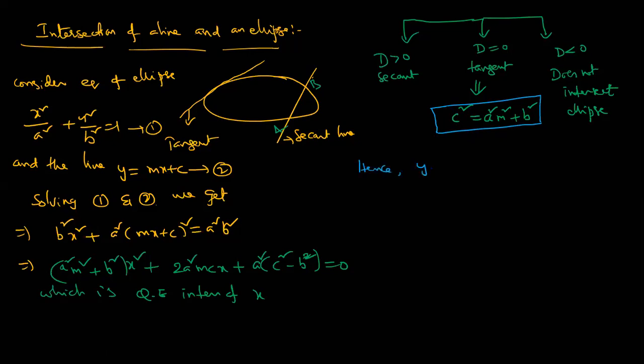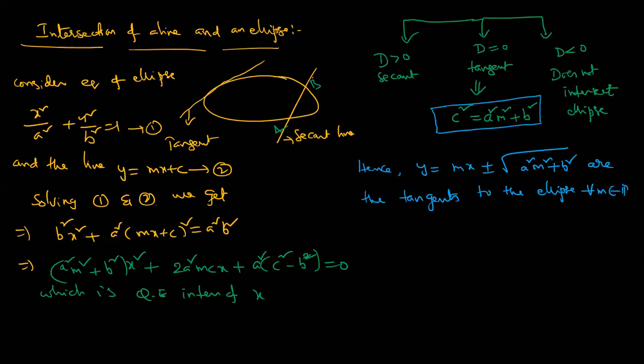Hence, y is equal to mx, what is the c here? Dear students, see, a square m square plus b square. These are the tangents to the ellipse for all m belonging to any real number.